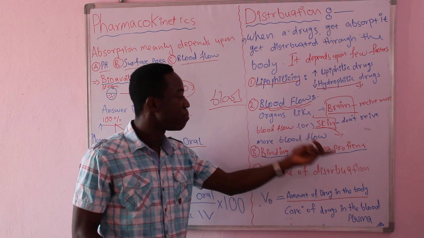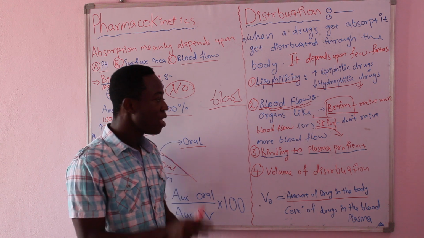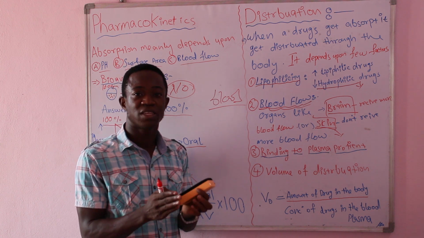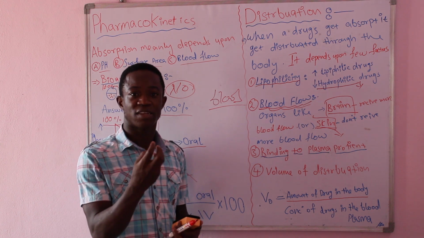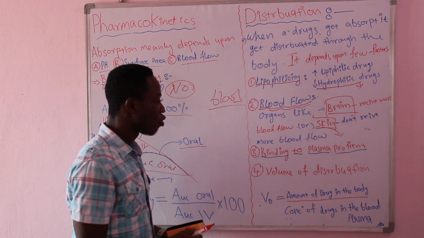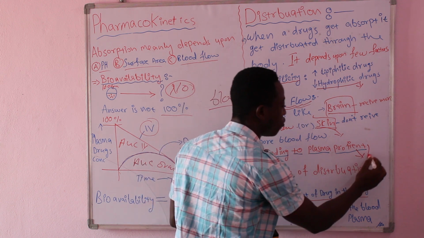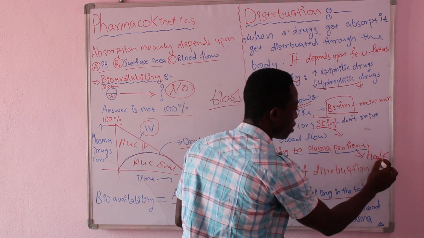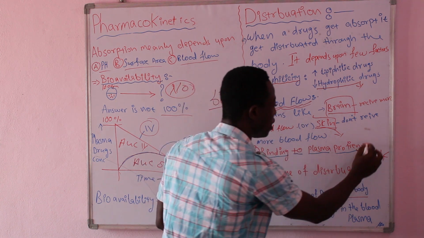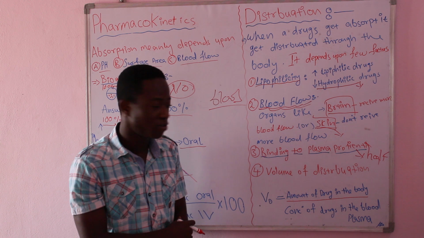When the drugs bind to proteins, what happens? The half-life increases. What is half-life? Half-life is the time taken for 50% of the strength of the drug to be metabolized or eliminated. So when it binds to protein, the half-life of the drug is going to increase. So it also affects the distribution.